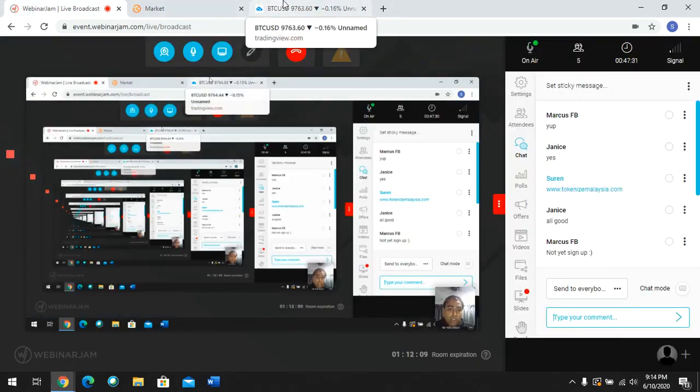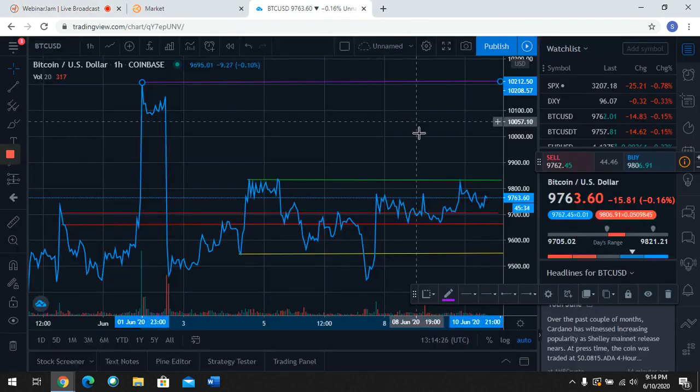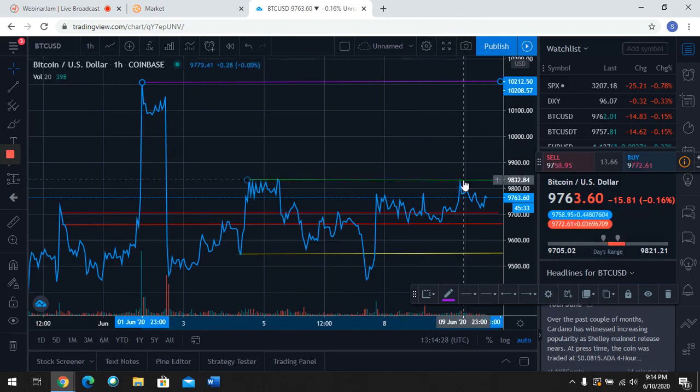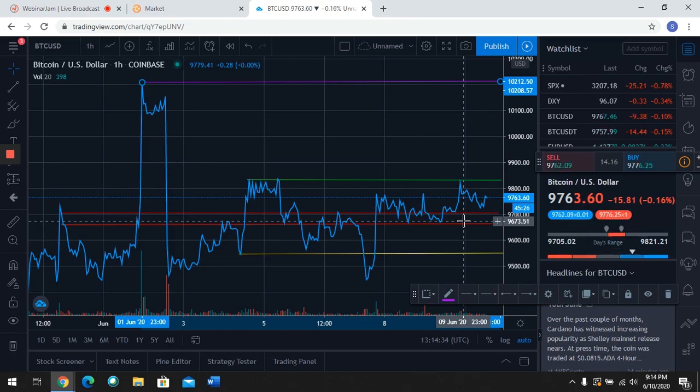So am I clear on line charts, or do you guys have any questions on line charts? That's why it's very important for you guys to understand what resistance is and what support is, and line charts help you give this support and resistance picture clearly.